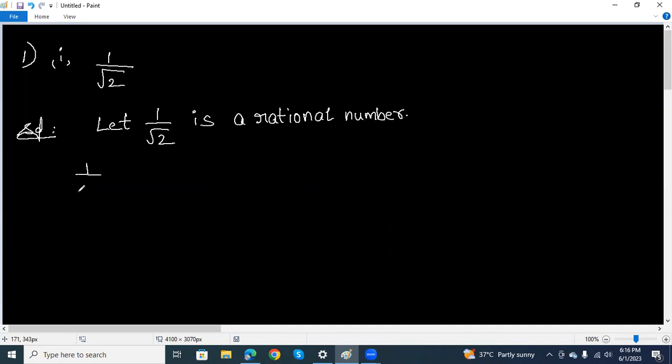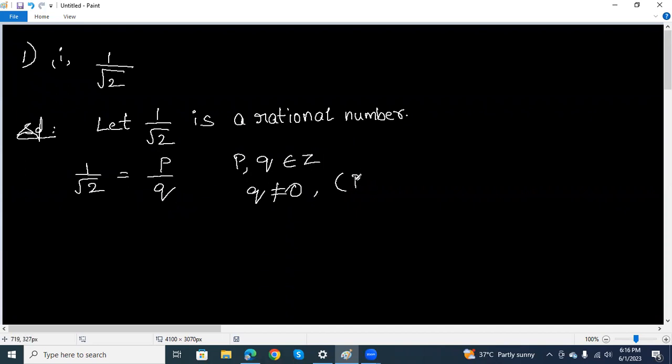So 1 by root 2 is equal to, rational number means it is of the p by q form only, na? Here we need to clarify that in p by q, p and q belong to integers, the symbol Z. This is, p and q are integers, and q should not be equal to 0, the denominator should not be equal to 0.